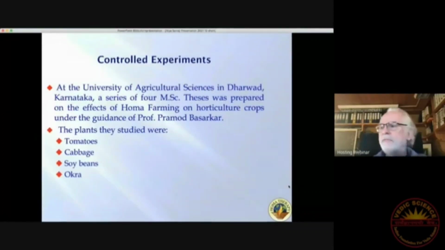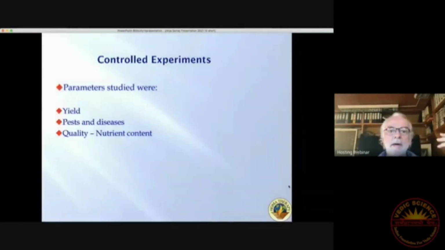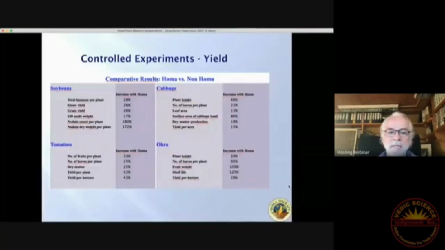Then there was a very interesting series of experiments done at Agricultural University in Dharwad. A series of 4 MSc theses was prepared. And they studied 4 plants: tomatoes, cabbage, soybeans, okra. And the parameters they studied were yield, pests and diseases, and the quality, nutrient content.